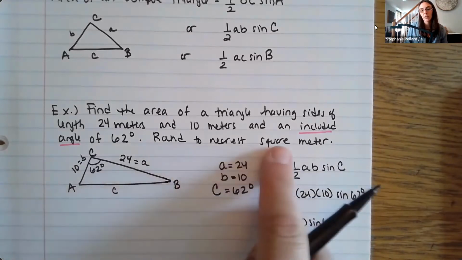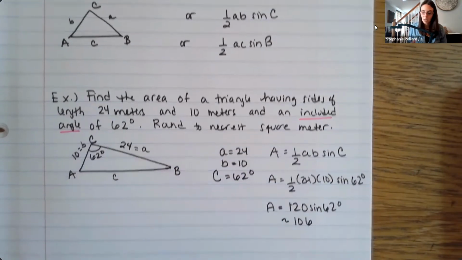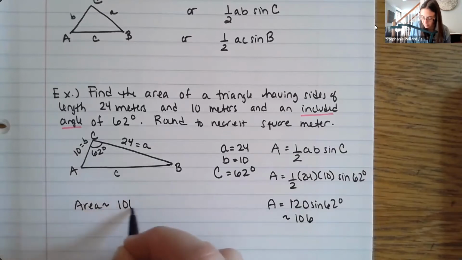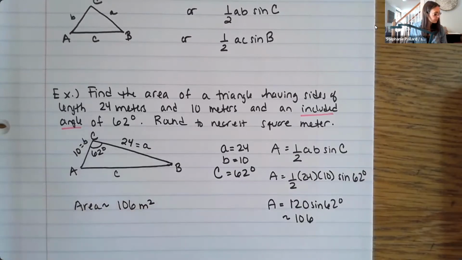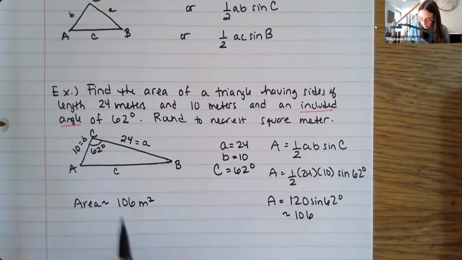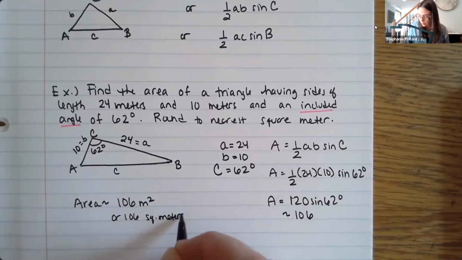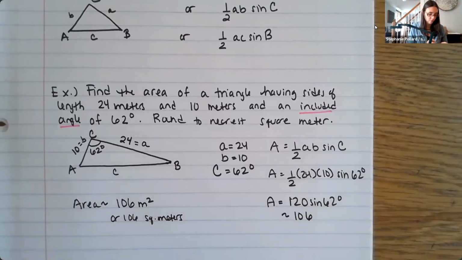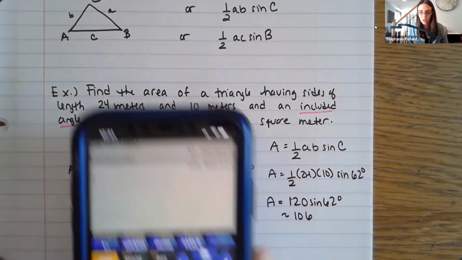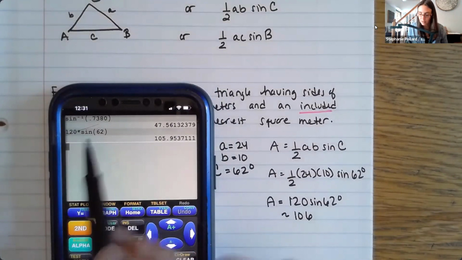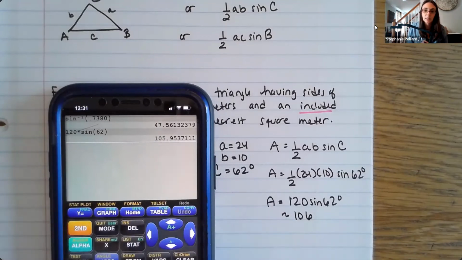Again, we're rounding to the nearest square meter here. So our area is about 106 square meters. Okay, and again, you're just doing that last piece right there on your calculator. 120 times sine of 62, and you can see that rounds to 106.